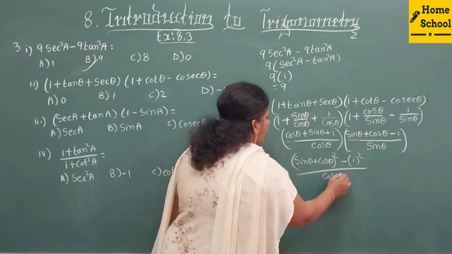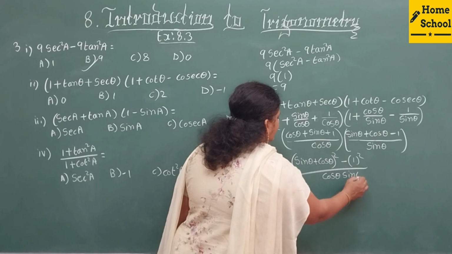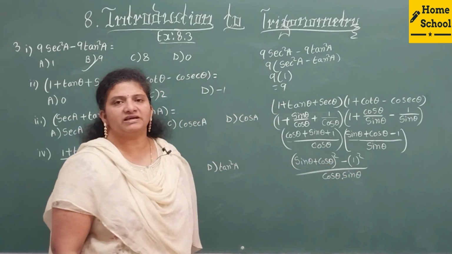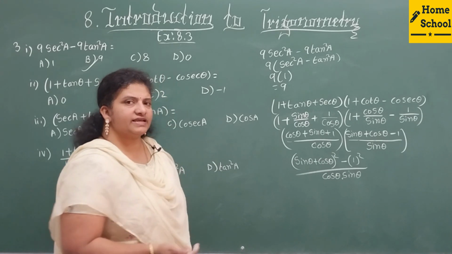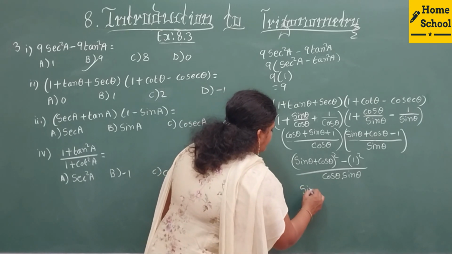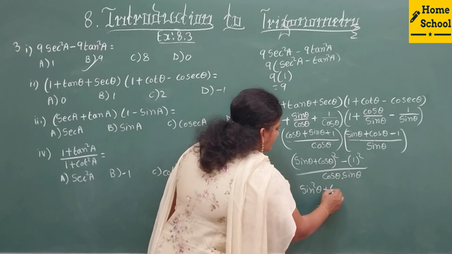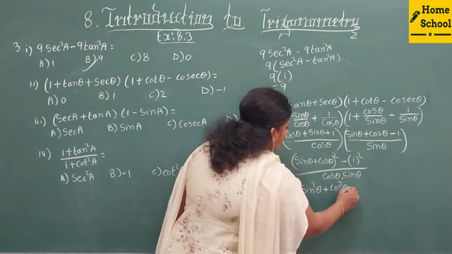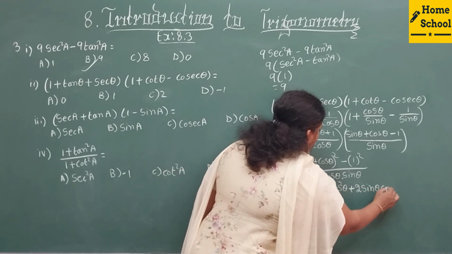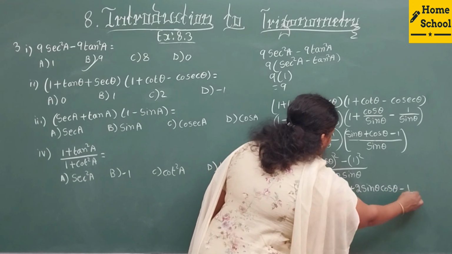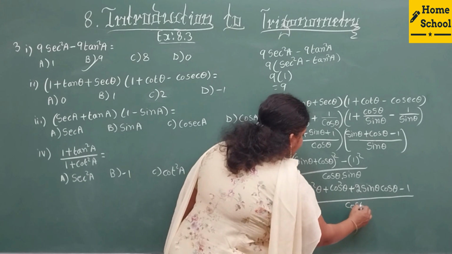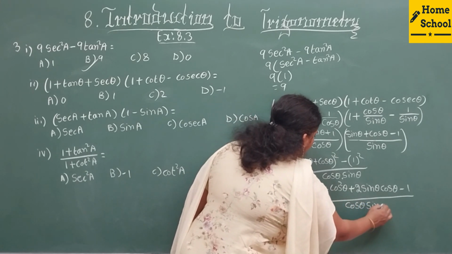Denominator cos theta into sin theta. Right. Now again I can see some formula, A plus B whole square, that is A square plus 2AB plus B square. Write that. Sin square theta plus cos square theta plus 2 sin theta cos theta minus 1 whole square is 1 by cos theta sin theta.